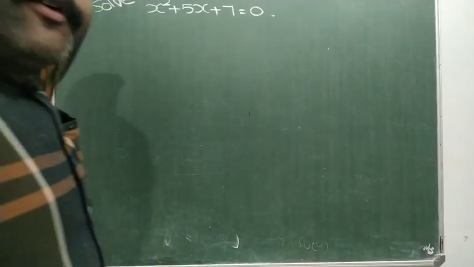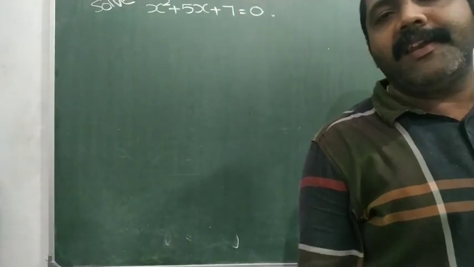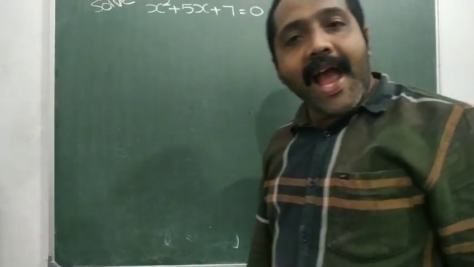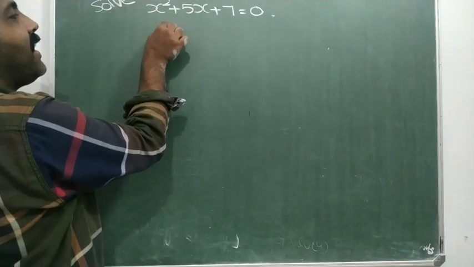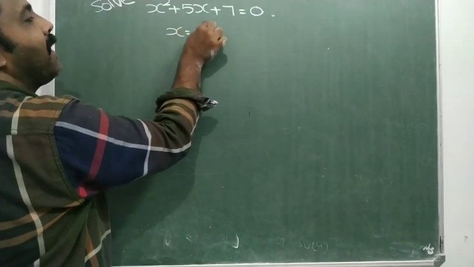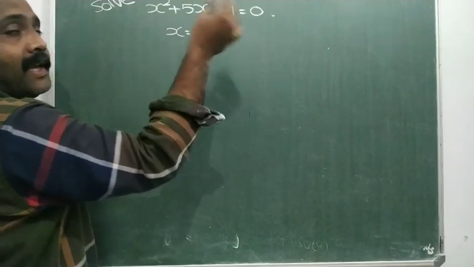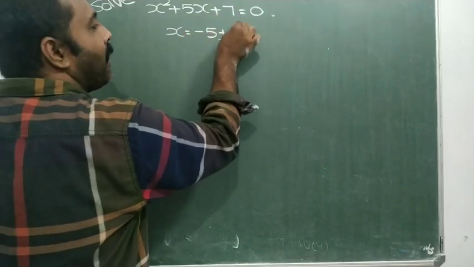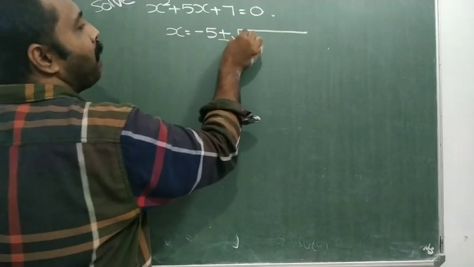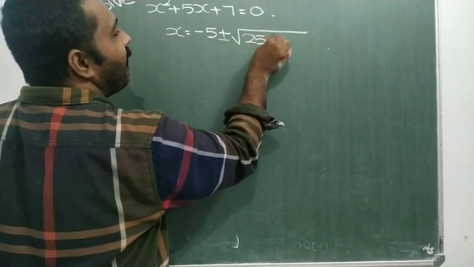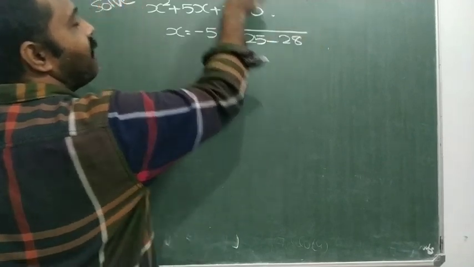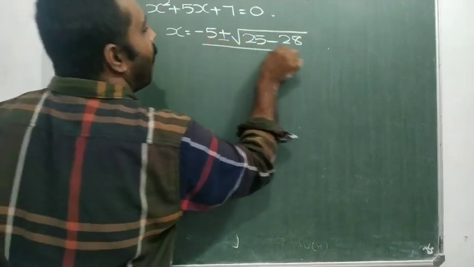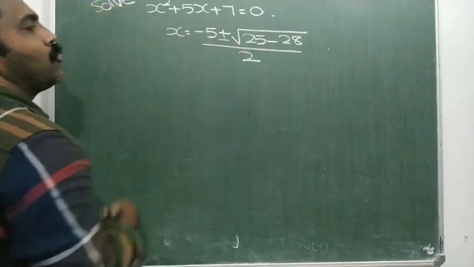Solve x² + 5x + 7 is equal to 0. Another quadratic equation. To solve, x is equal to -5 ± √b² is 25 minus 4ac is 28, 4 into 1 into 7, by 2a is 2.